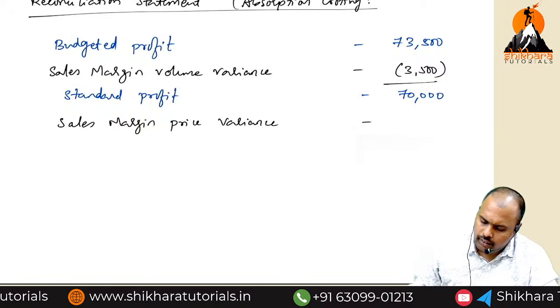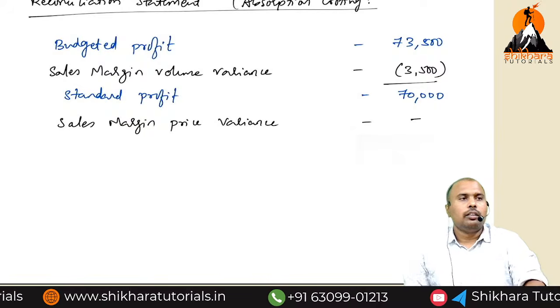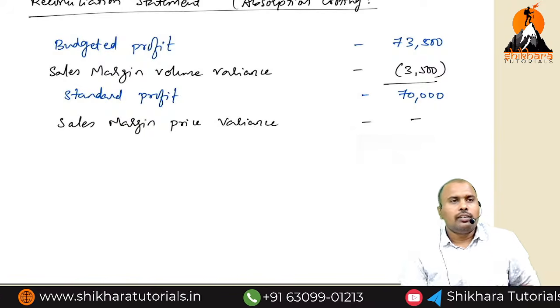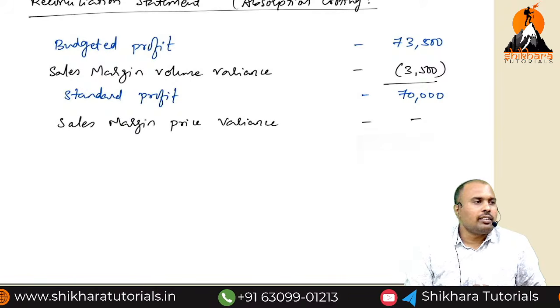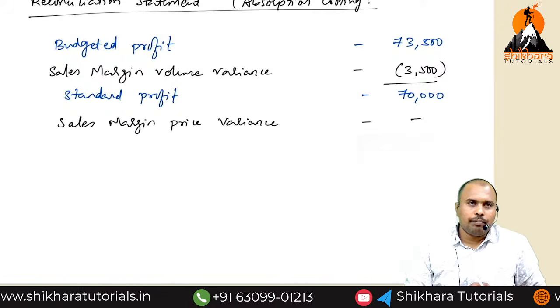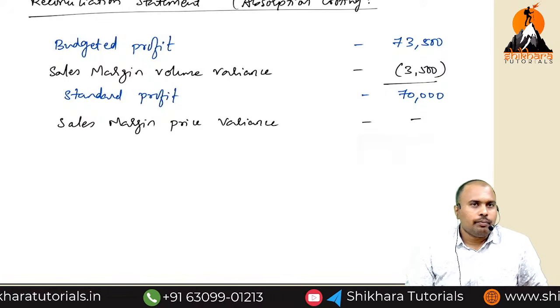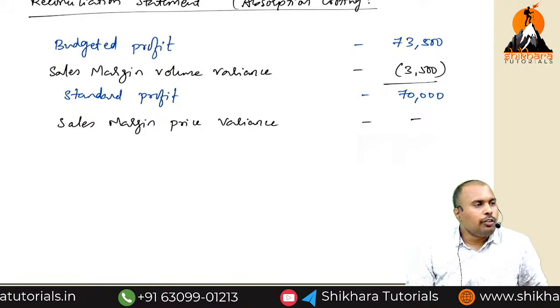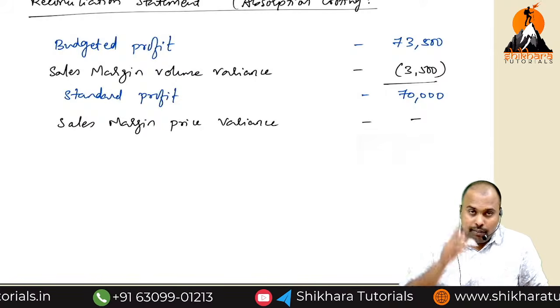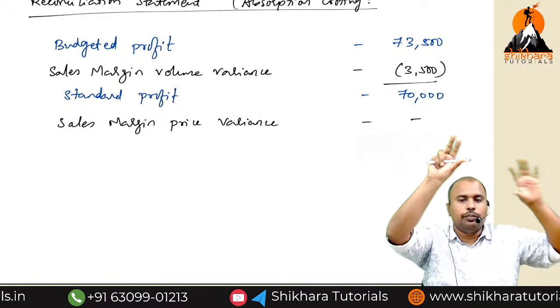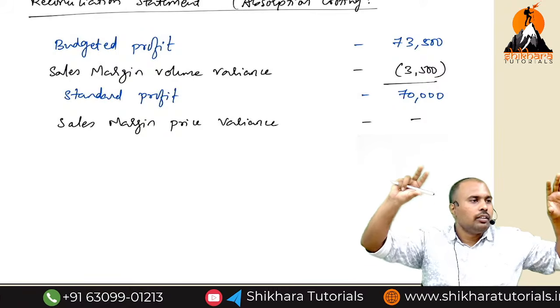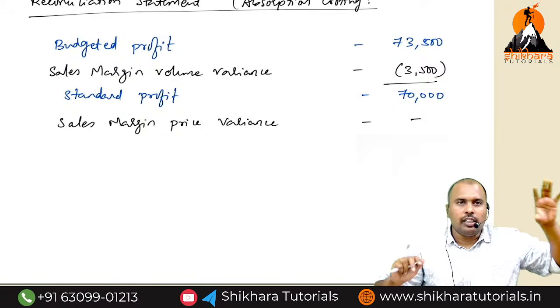It will be nil. Clear? See, first thing, priority is what? Sales variances, cost variances, all things we have to adjust. Sales total variance is nothing but price and volume. Profit is divided into sales and cost. First we have to adjust sales variances.